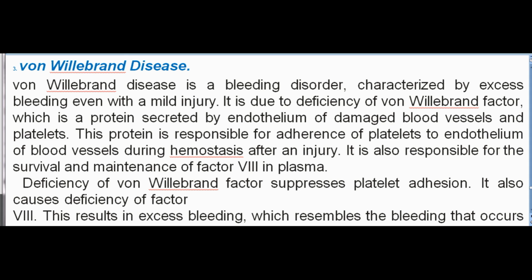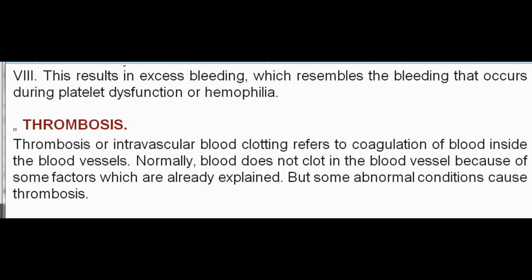It is also responsible for the survival and maintenance of Factor VIII in plasma. Deficiency of von Willebrand factor suppresses platelet adhesion. It also causes deficiency of Factor VIII. This results in excess bleeding, which resembles the bleeding that occurs during platelet dysfunction or hemophilia.